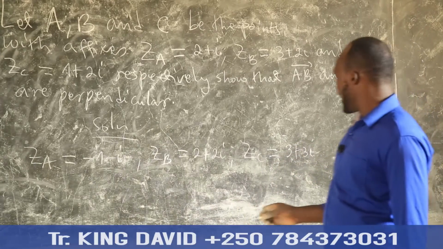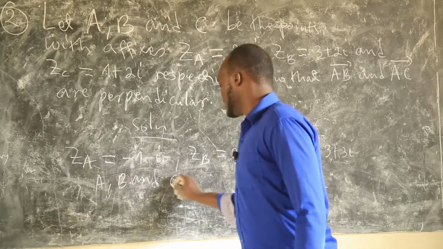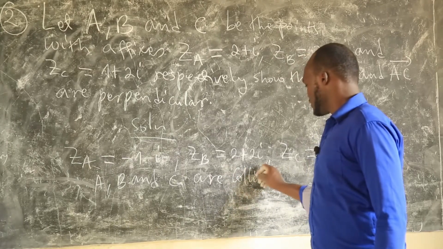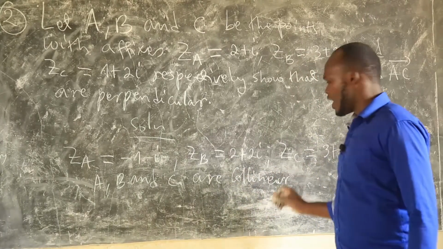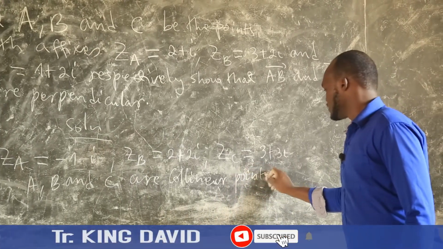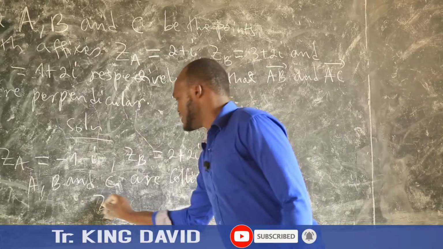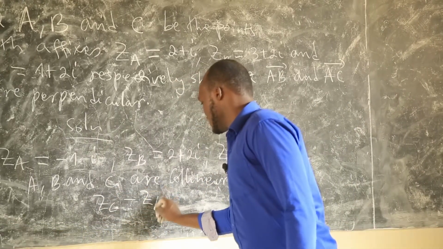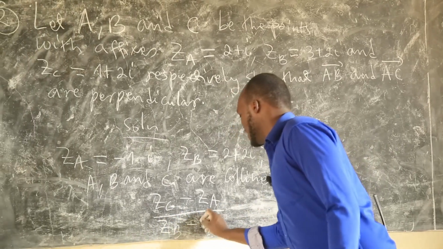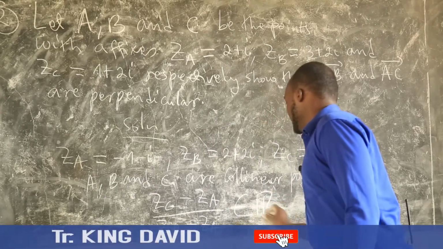Then A, B, and C are collinear points if and only if ZC minus ZA divided by ZB minus ZA is a member of what? Real number.